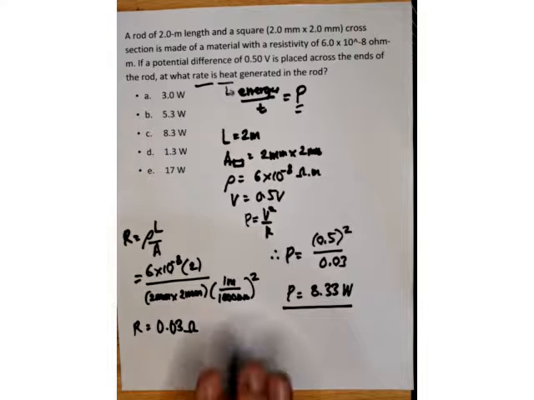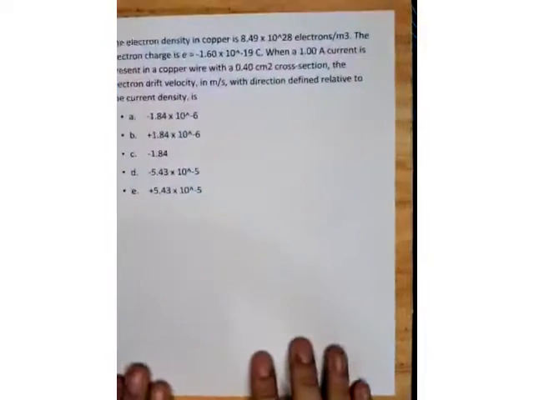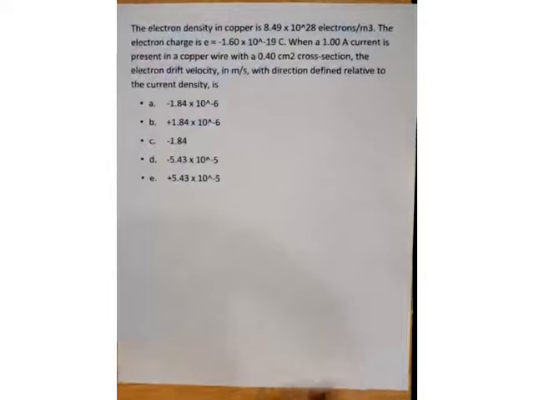Okay. Okay, next, let's proceed to another example. Ayan. So the electron density in copper is 8.49 times 10 to the 28 electrons per cubic meter. The electron charge is 1.6 times 10 to the negative 19 coulombs.